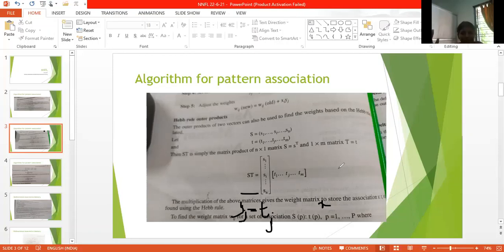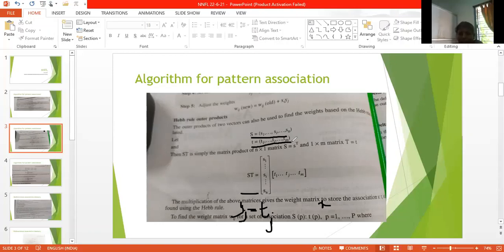You have 5 different steps to apply this Hebb rule for pattern association. S is a vector with n components and T is also a vector with m components.